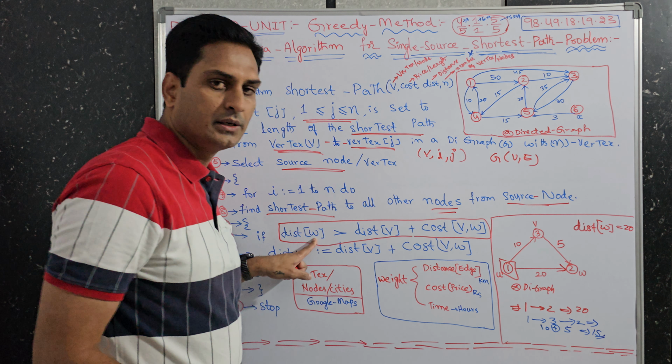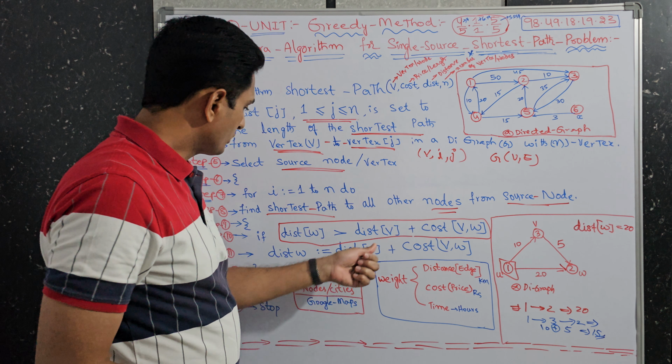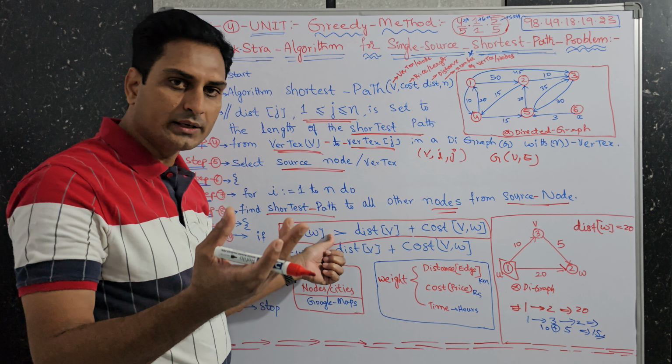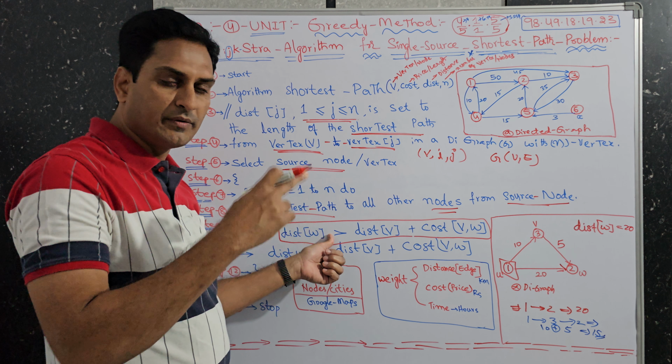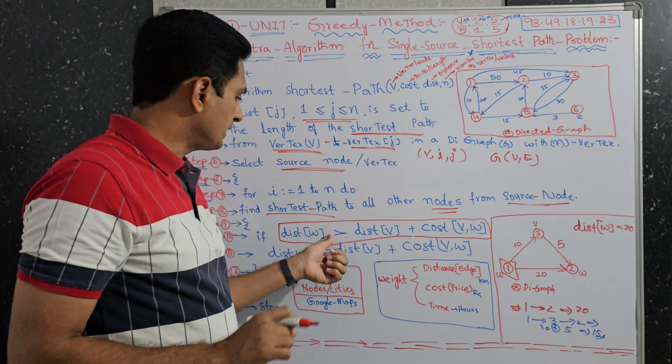This is the single source node. W distance is 20. So we need to check if it is greater. If it is greater, we need to take the shorter distance. Other way, we need to find whether there are any other ways which are shorter.